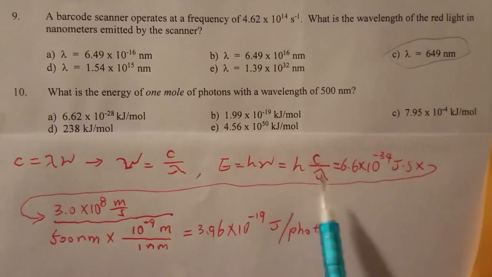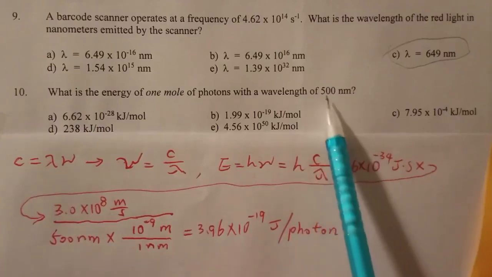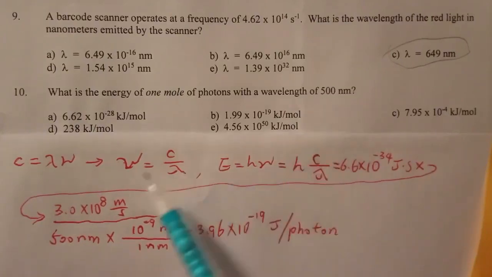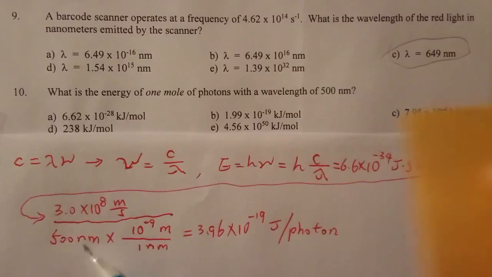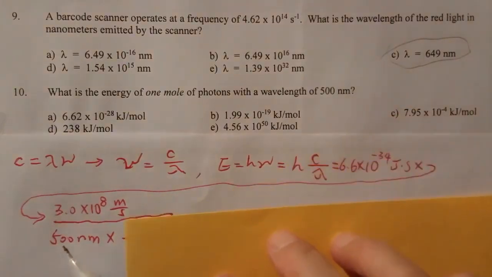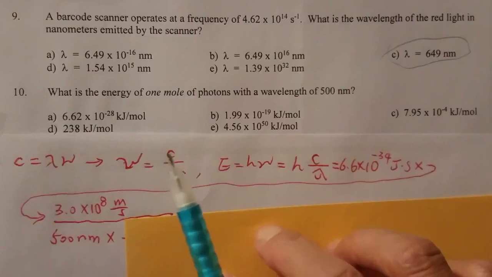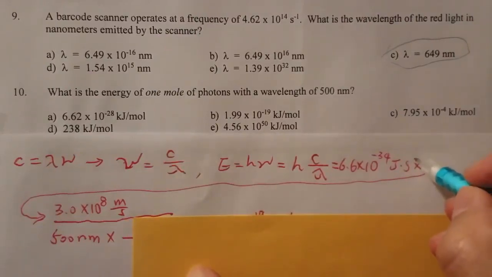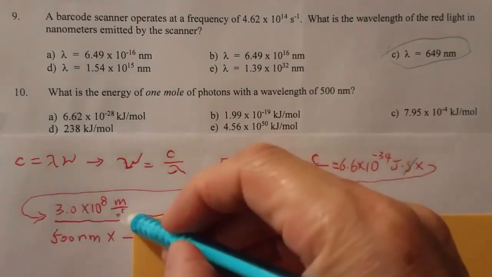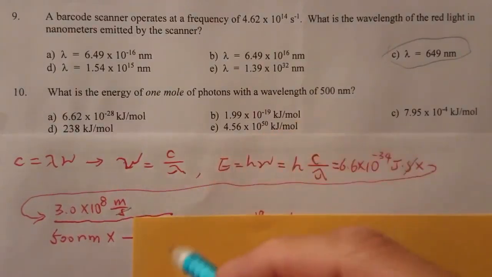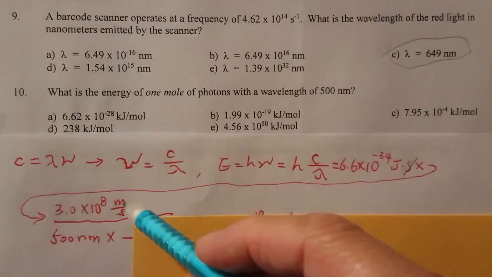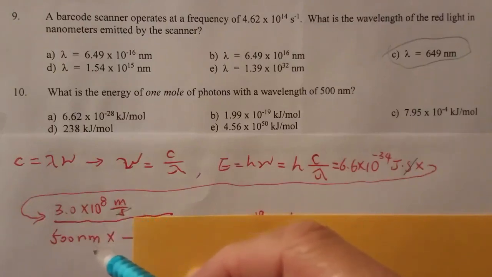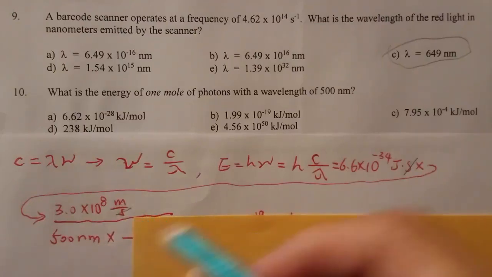Lambda, the wavelength, is given in the problem: 500 nanometers. But you see we have a problem now. This second can cancel with this second, but meter and nanometer cannot cancel each other.